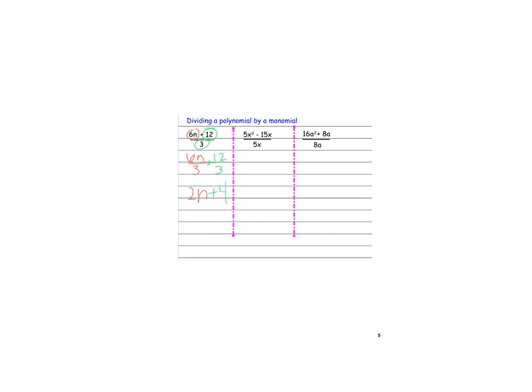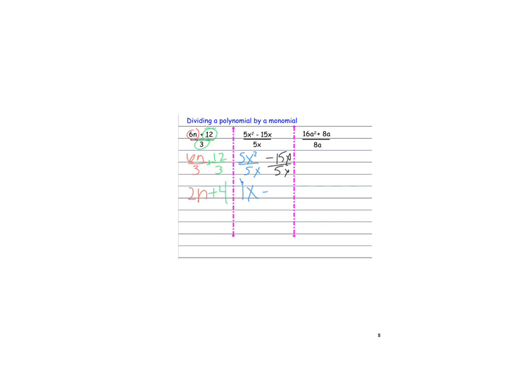Over here in the next example, same idea. I'm going to take 5x squared, and I'm going to divide it by 5x. And then I'm also going to take negative 15x and divide it by 5x. So here, 5 divided by 5 is 1, and then x squared divided by x is x to the 1st power, but we don't have to put that. I actually don't even have to put this one either.